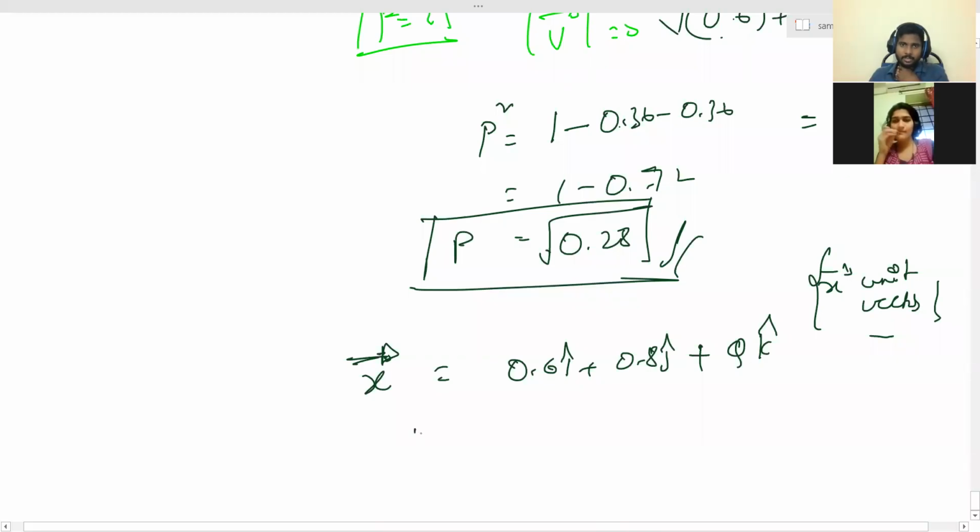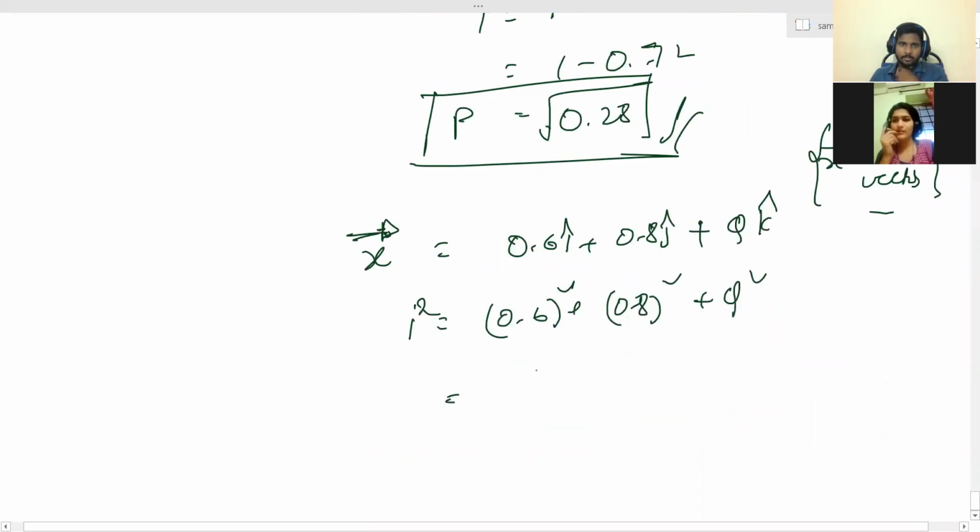One square, that is X vector magnitude is 1, square is 1, equal to 0.6 whole square plus 0.8 whole square plus q square, right? 0.36 plus 0.64 is 1. So 1 is equal to 1 plus q square, that implies q is equal to 0.